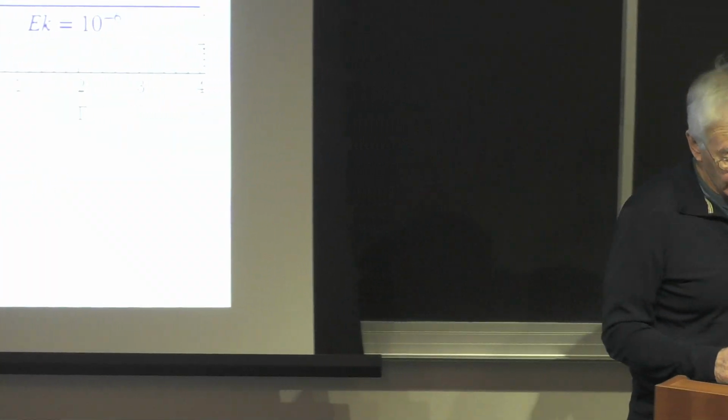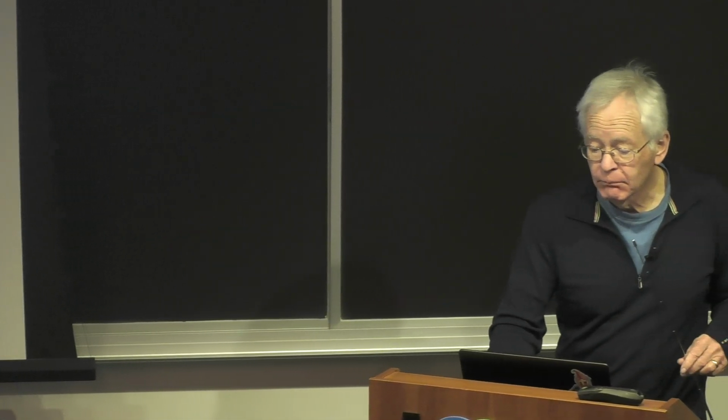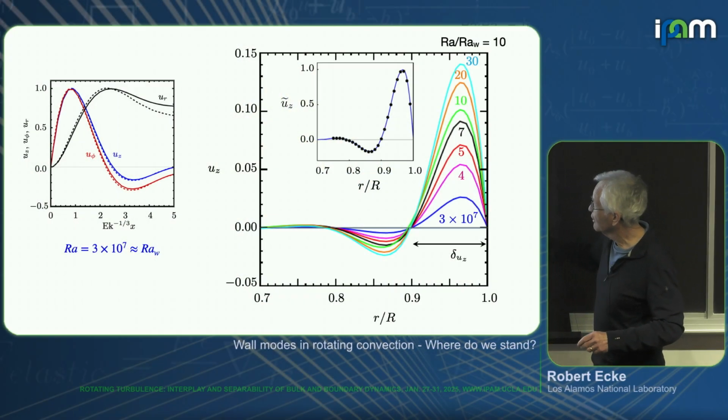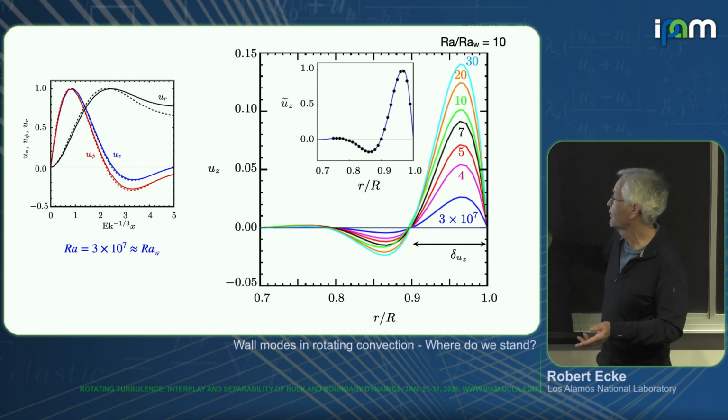If you look very close to onset, so on this curve the onset is something like 2.9 or 2.8 times 10 to the 7th, so you're just a little bit above onset.